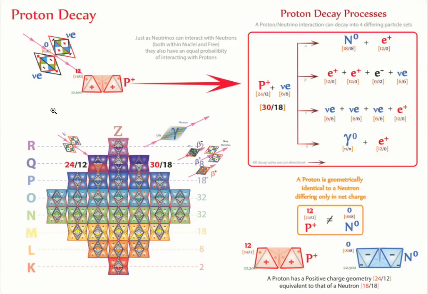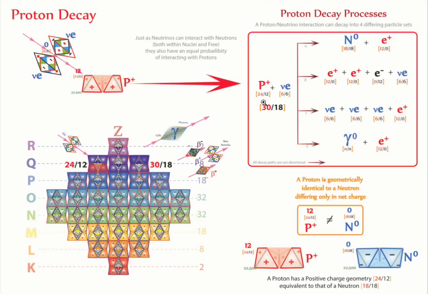Obviously, as free neutrons interact with neutrinos in the environment to form neutron decay processes, the same can be true for protons. And again, looking at the proton decays that are possible, you can see the interaction.